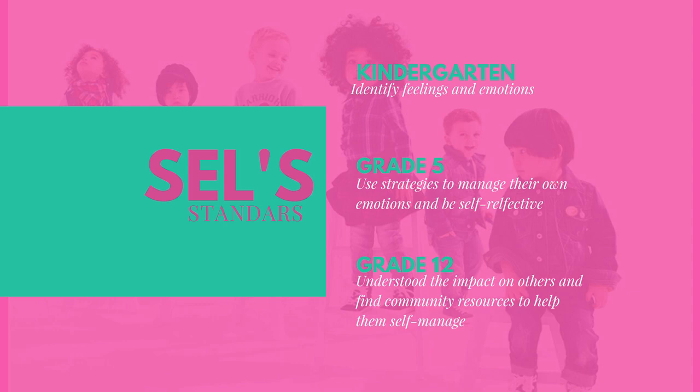Kindergarten is preschooler, grade 5 covers all elementary school, which is first, second, third, fourth, and grade 12 is all high school, and sixth, seventh, eighth, ninth, 10th, 11th, and 12th. So in this case, those are the standards for age level, our students.